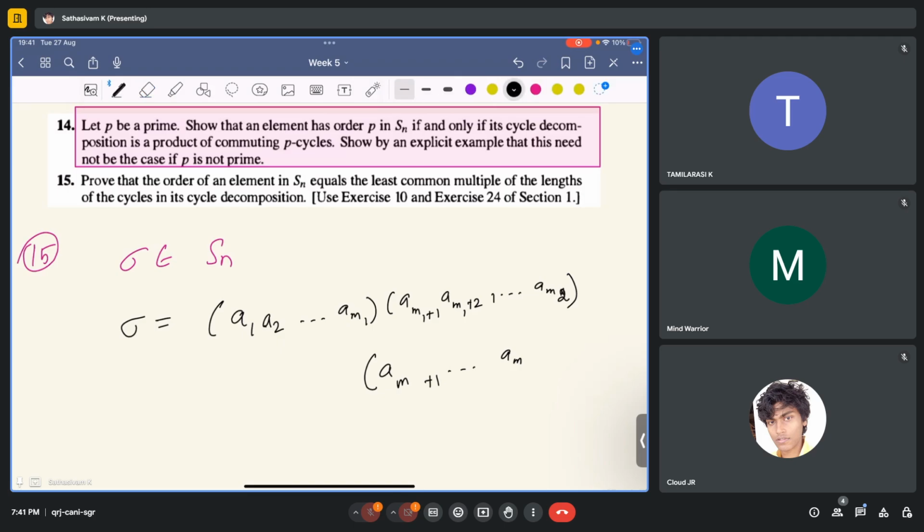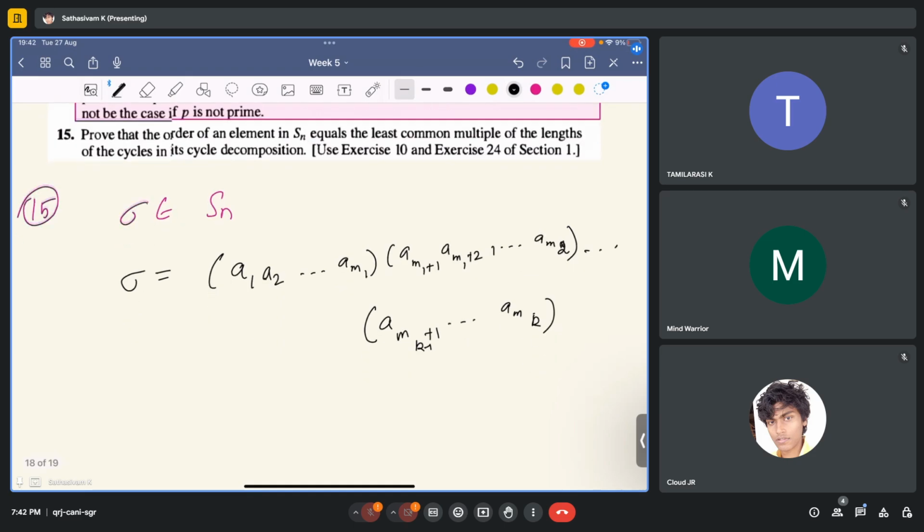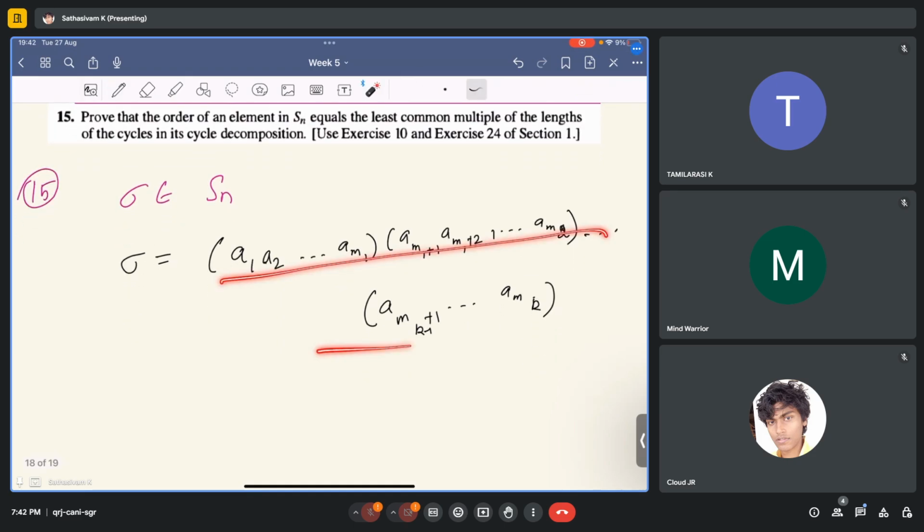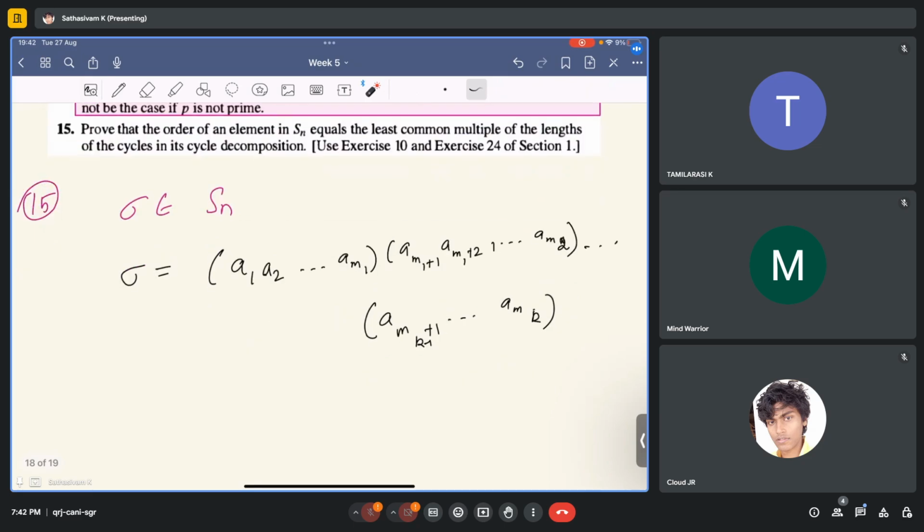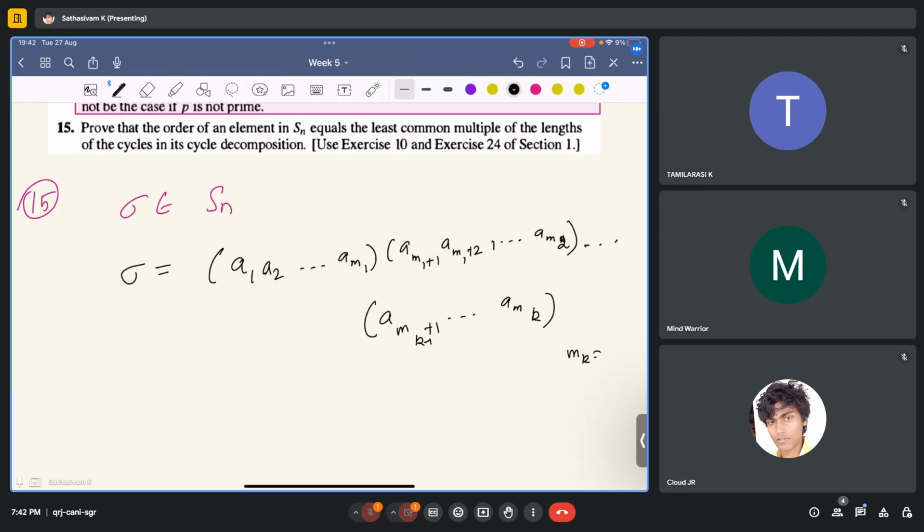And then maybe K minus 1. Okay. So now it's a product of K cycles. In fact, this MK is actually equal to S. Okay. That is also you can write. MK is basically S. Maybe it need not to be S because there can be some other elements like one cycle can come.